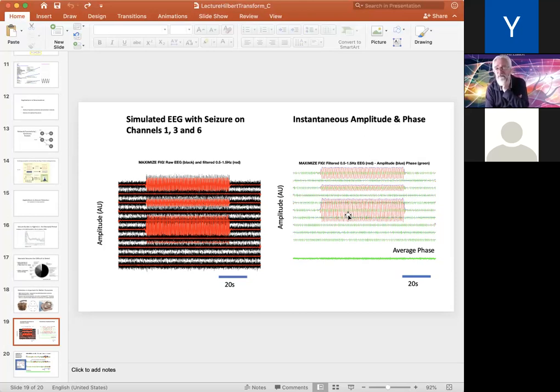The simple thought was that if in the noise the phase of the channels is pretty random, when you start averaging these phases, they should end up being close to 0. And if during the seizure the phase is not random, then during the seizure the average phase should be clearly much more reflecting that synchrony.